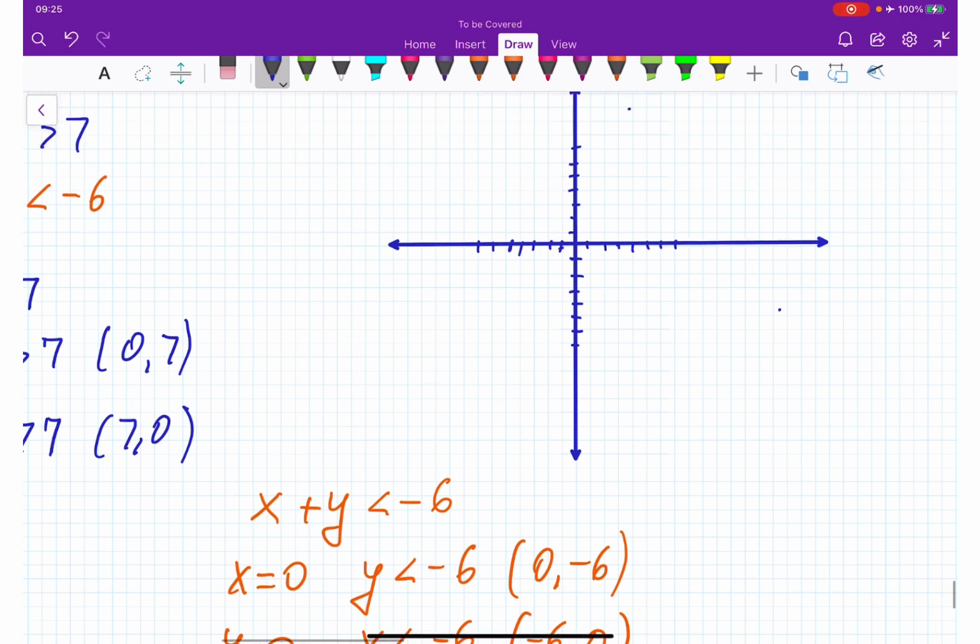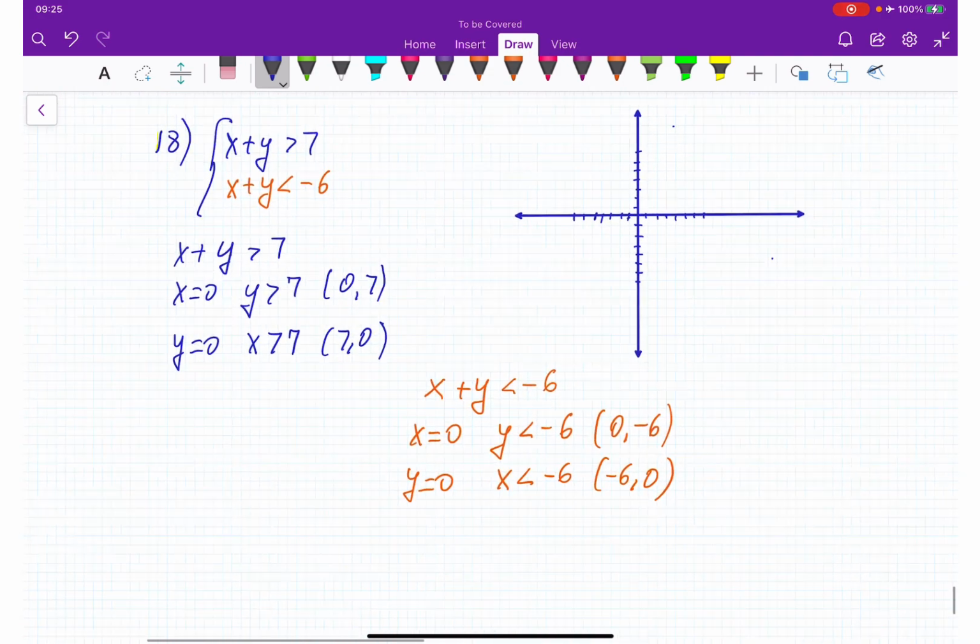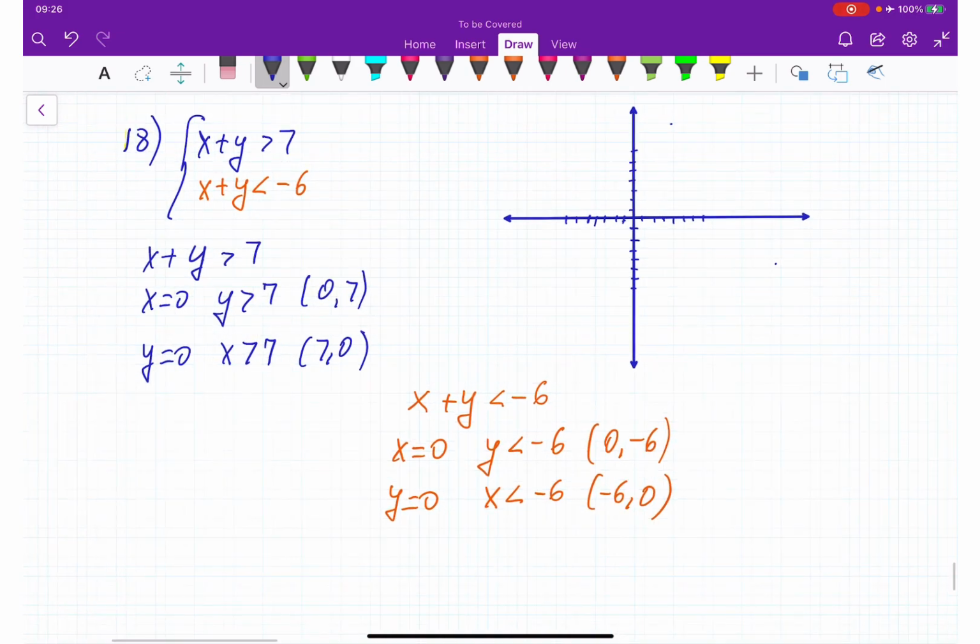Okay, we have it. So let's start graphing first one, 0, 7, and 7, 0. This is 7, 0, and here 0, 7.